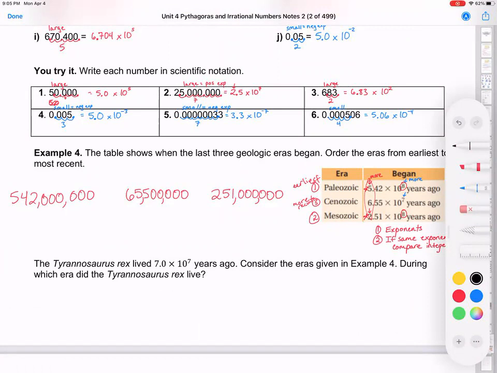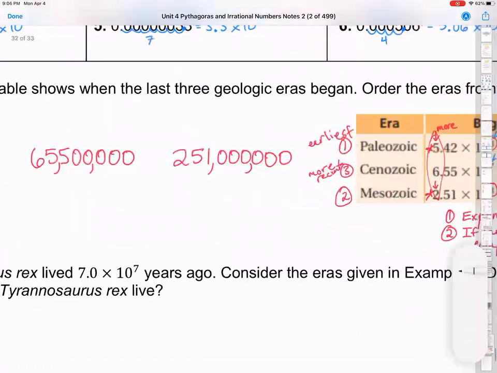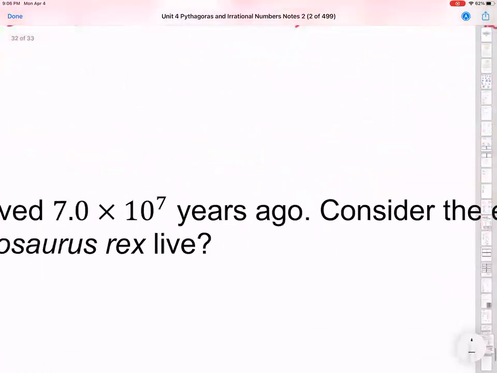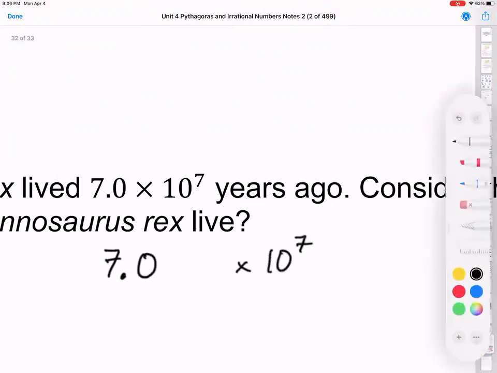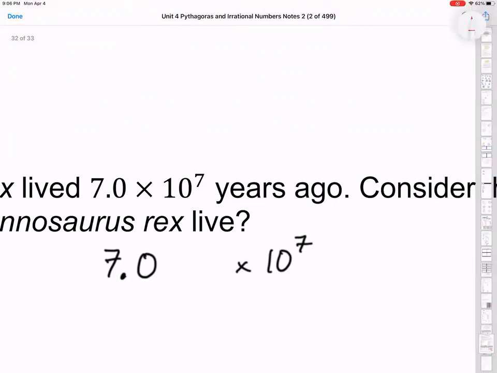Now, the Tyrannosaurus Rex lived 7.0 times 10 to the 7th years ago. Consider the eras from example 4 and which era did the T-Rex live in. So if I have 7.0 times 10 raised to the 7th power, my goal is to figure out how many times I'm going to move that decimal over.